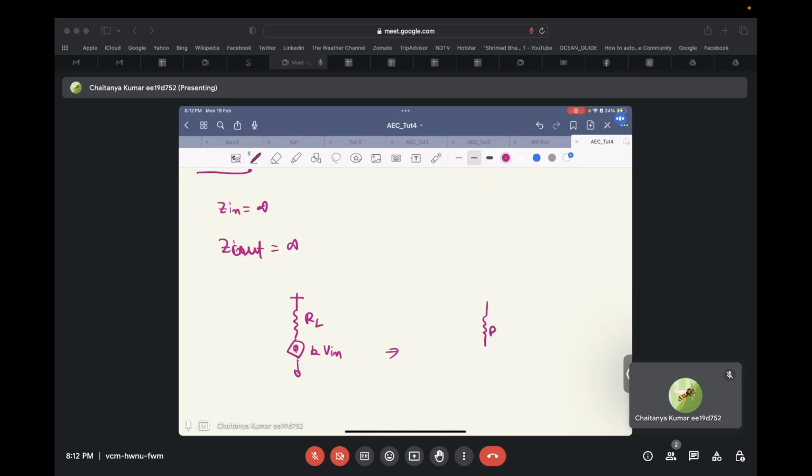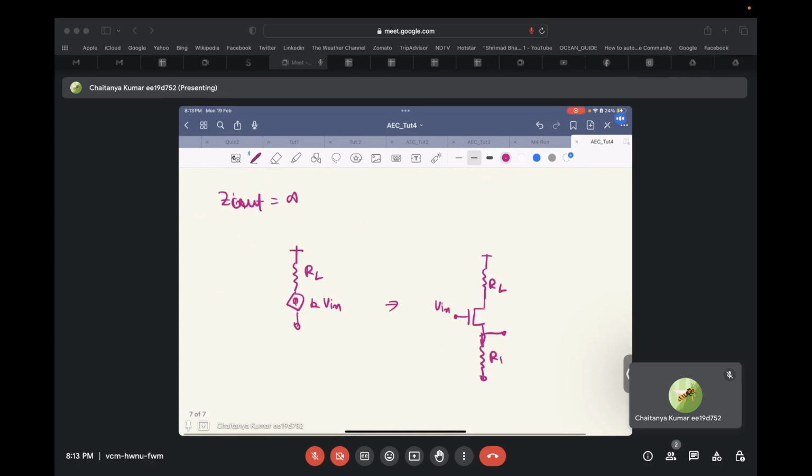The circuit is basically RL over here, R1, then some V. So basically what we have is some additional circuitry over the common drain amplifier.